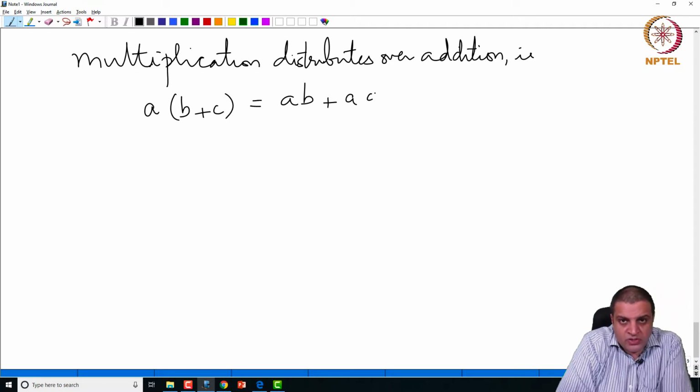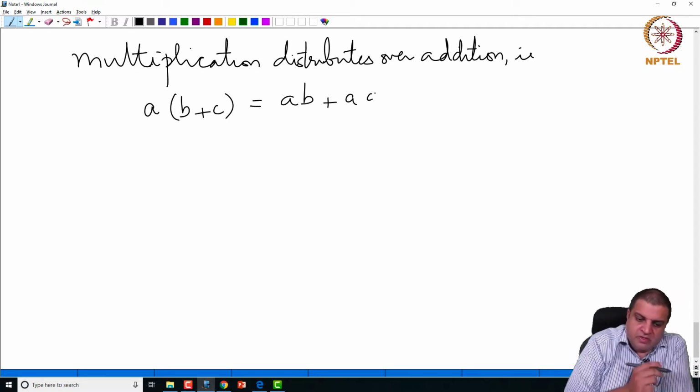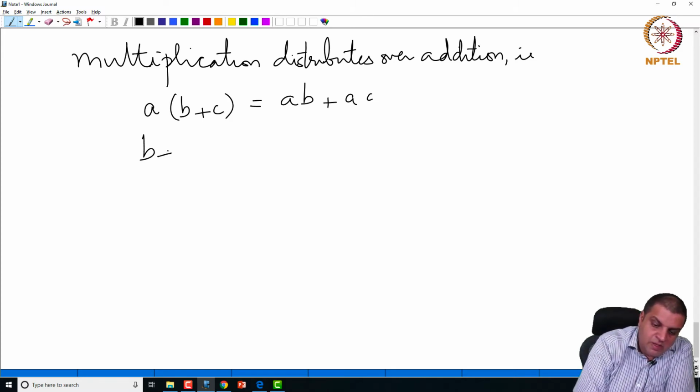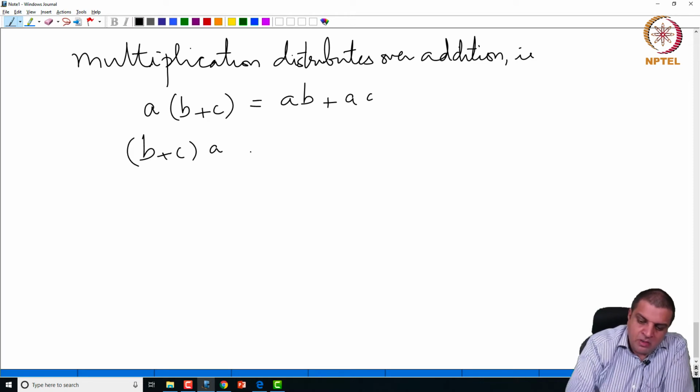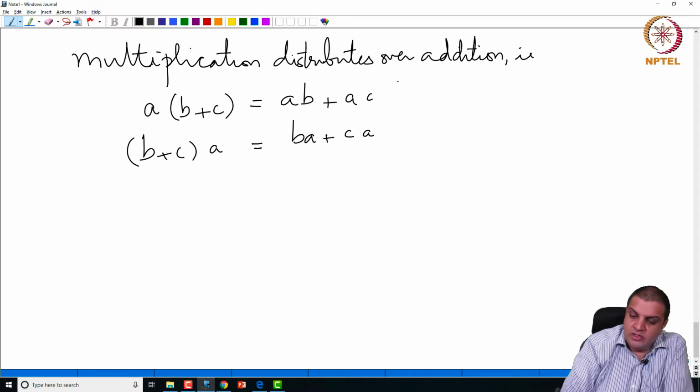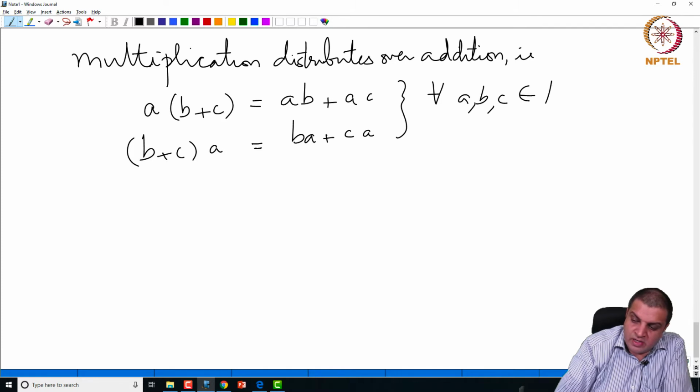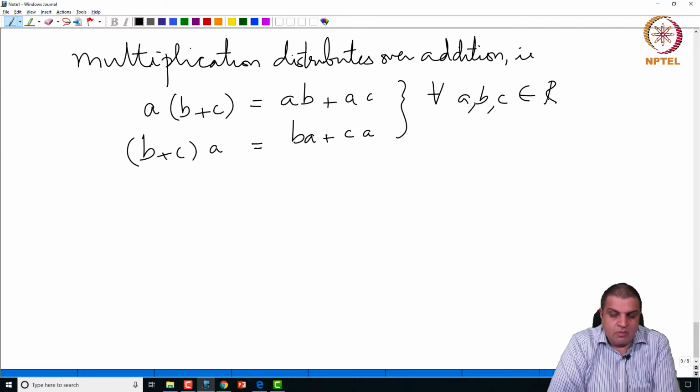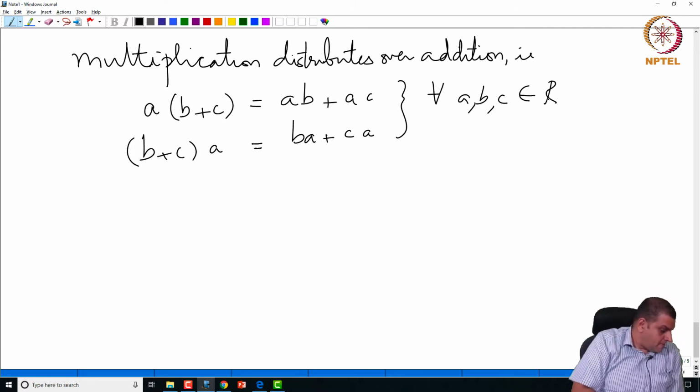And we have not said that multiplication is commutative. So we must also consider (B plus C) times A. These two things may not be the same, but the distributive property says that this is the same thing as BA plus CA. And these two statements hold for every triple A, B, and C inside R. Multiplication distributes over addition.